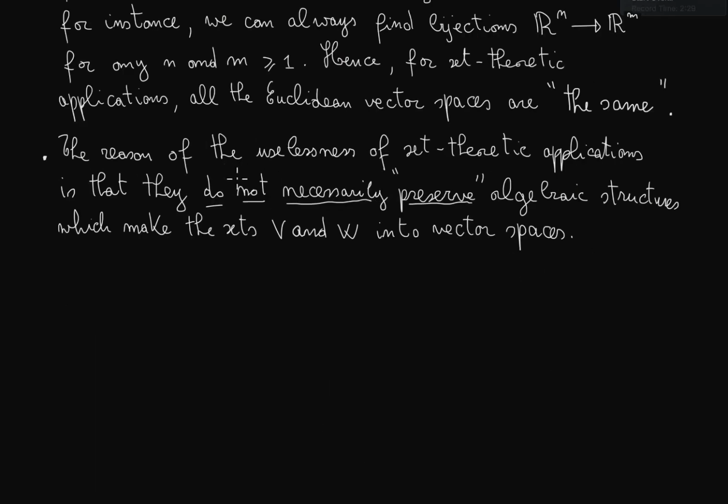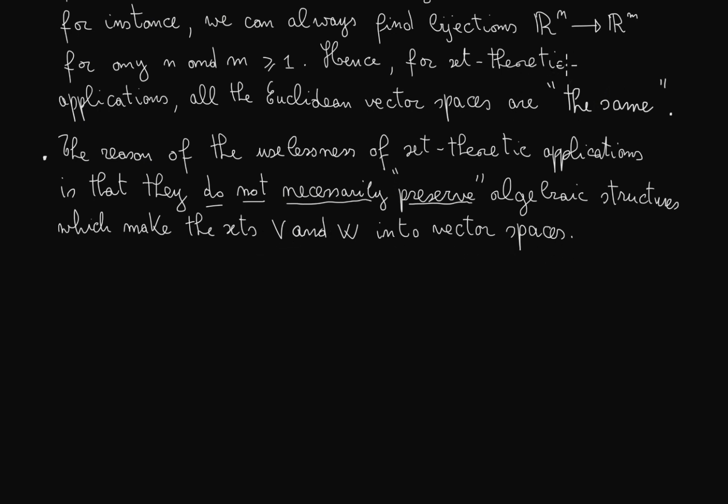The reason for the uselessness of set theoretic applications in studying vector spaces is that they do not necessarily preserve the algebraic structures which make the sets v and w into vector spaces.